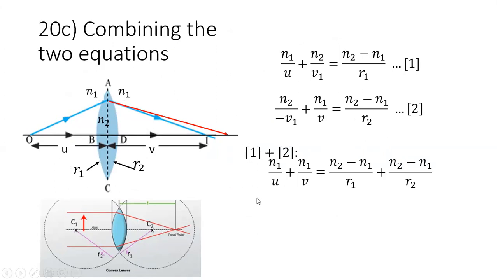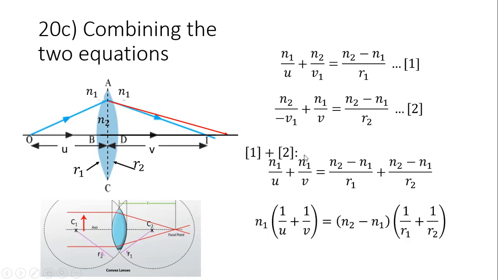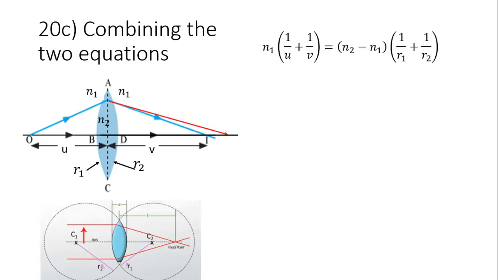Okay. And we can take our N1 out. Common factor. 1 over U, 1 over V. Same thing. Take N2 minus N1 out. This becomes 1 over R1, 1 over R2. Okay. It's in your book. Yeah, I understand. So then after that, what's your? Okay, let's carry on. Oh yeah, that's the lens maker formula.